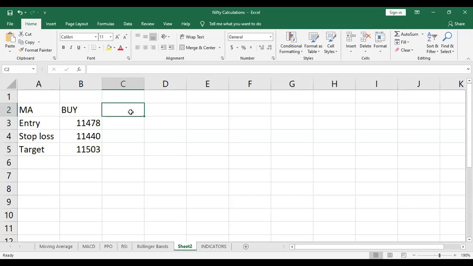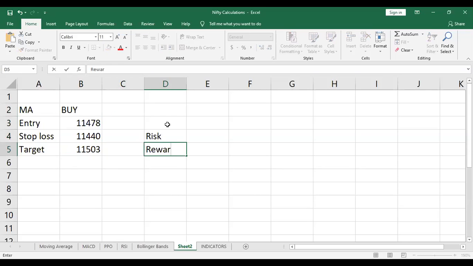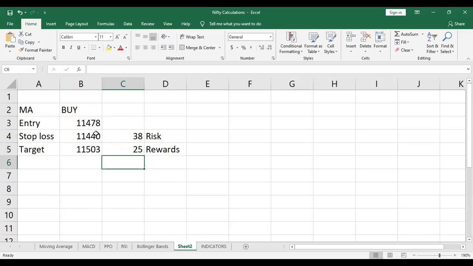Now your risk, and what is the reward. Your risk is equal to entry minus stop loss, 38 points. And you get the reward as per this strategy: target minus entry price, that is 25 points. But your risk is 38 points. Now the risk reward ratio is equal to reward divided by risk.